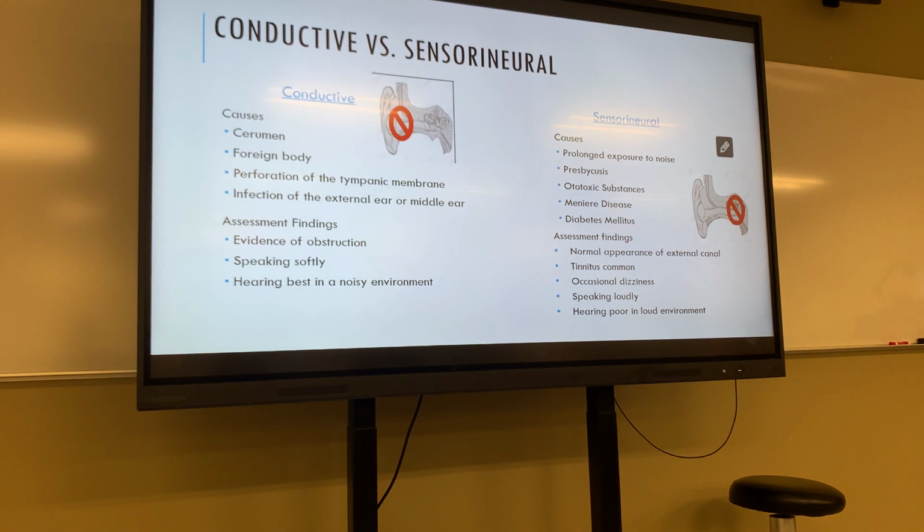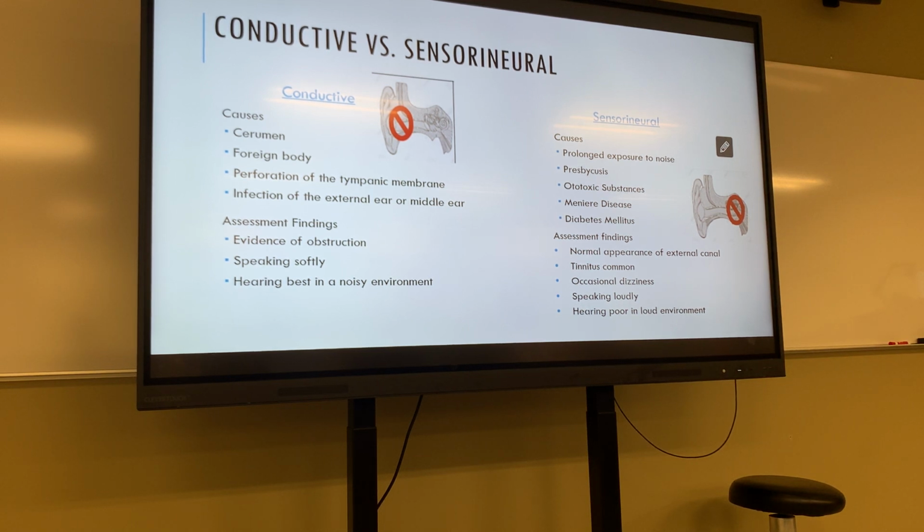Okay, there's two different types of hearing loss that I want you to know, conductive versus sensorineural. Conductive is when something is obstructing that sound wave coming in and going to the tympanic membrane. So something is obstructing that sound wave from hitting the tympanic membrane. So earwax, foreign body like a Lego, okay?